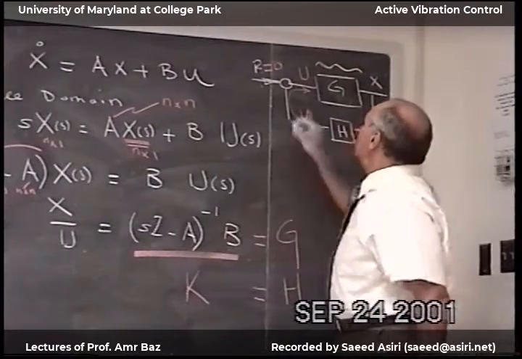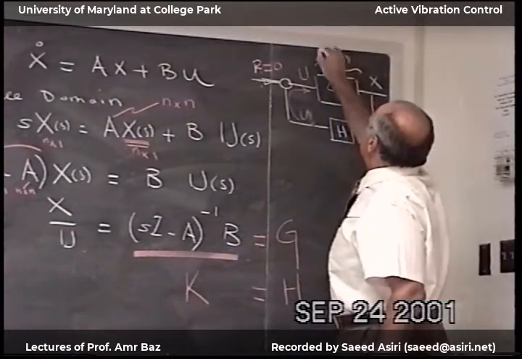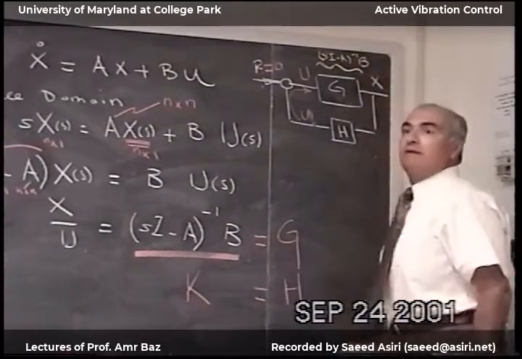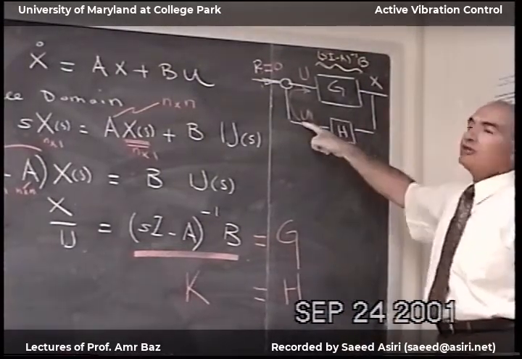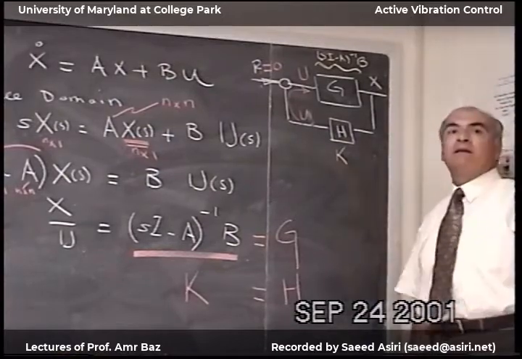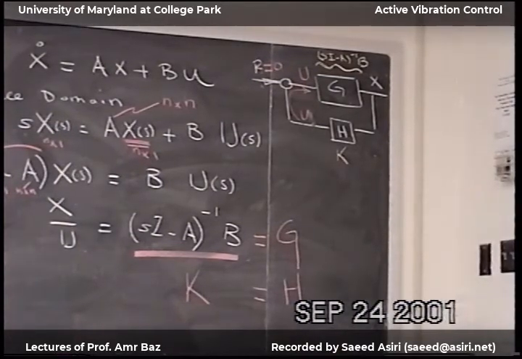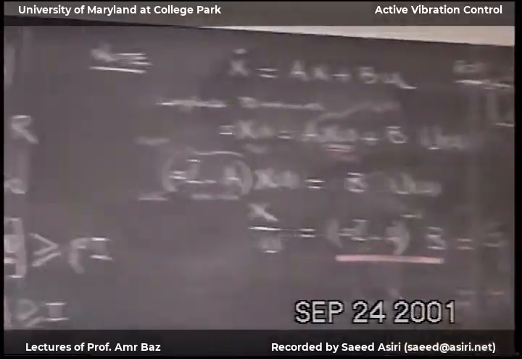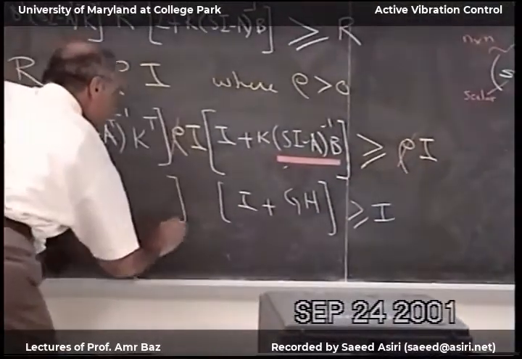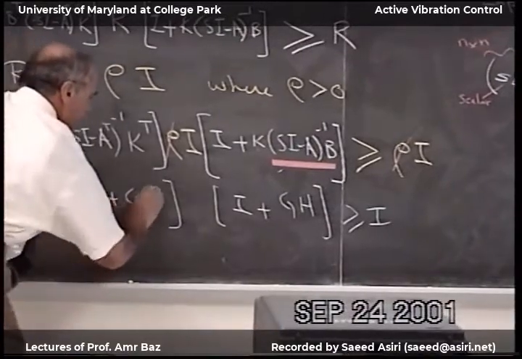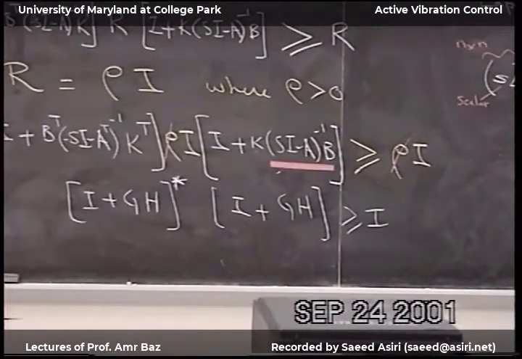So the G will equal to SI minus A inverse B. The H is the controller, X and U is the controller, so this is my control K. Now if you look at what we have here, so this will be I plus G and H. And then I will cancel out. And then this will be the transpose of what we have. I transpose.